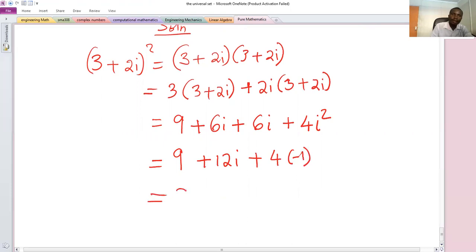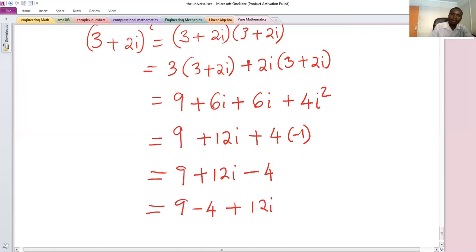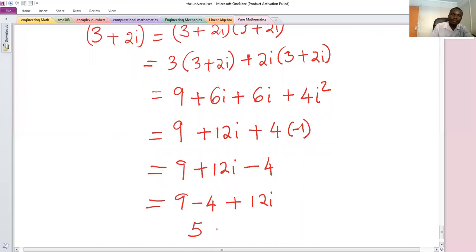So this will be 9 plus 12i minus 4. Then collecting real parts, we'll have 9 minus 4 plus 12i. 9 minus 4 is 5. So we have 5 plus 12i. So this is the solution to that part.